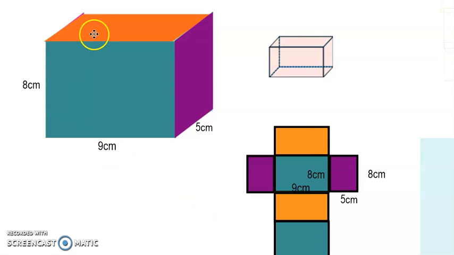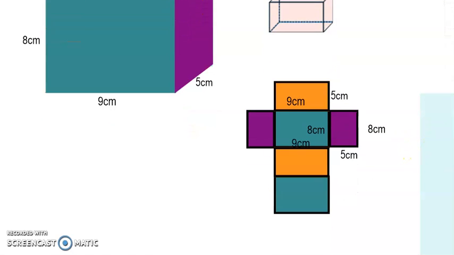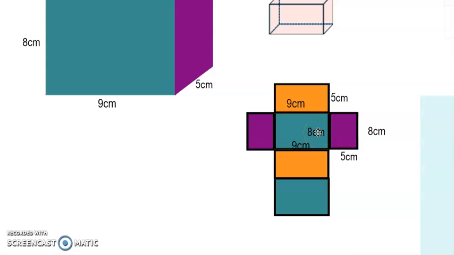And the orange one is a 9 by, and then this length right here is also a 5. Okay, and that, of course, you've got two that are the blue color here, and two that are the purple, and two that are the orange, just like what we were talking about on the other page too.